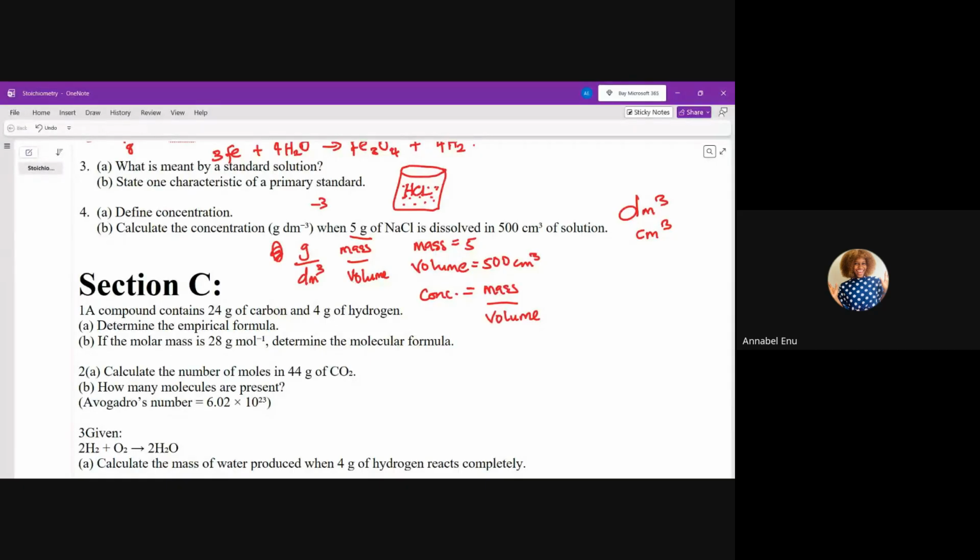Since our concentration must be in dm cube, that's what they say we should calculate it in. We now have to convert the volume given to us, this 500 centimeters cube, to dm cube. Based on mathematical conversion, 1 dm cube is equivalent to 1000 centimeters cube.